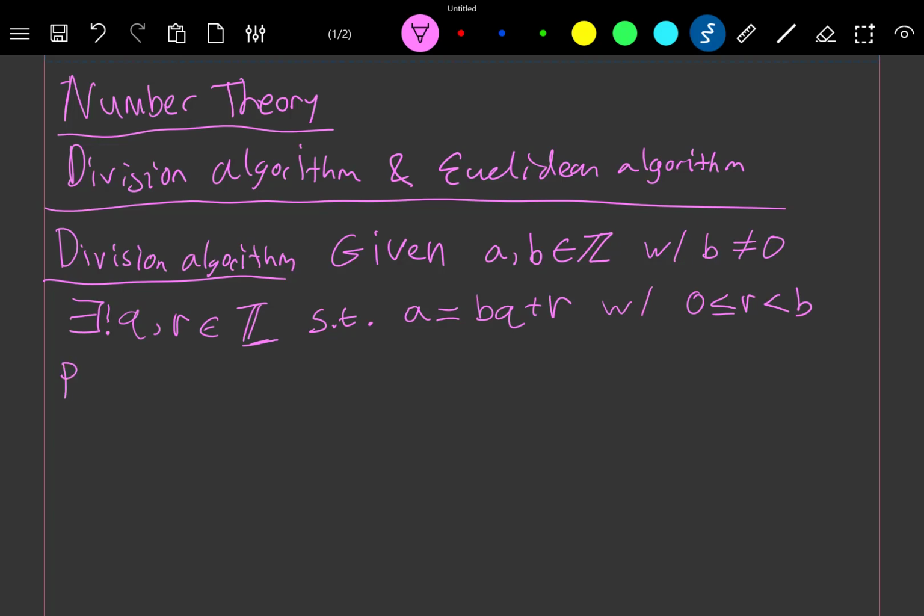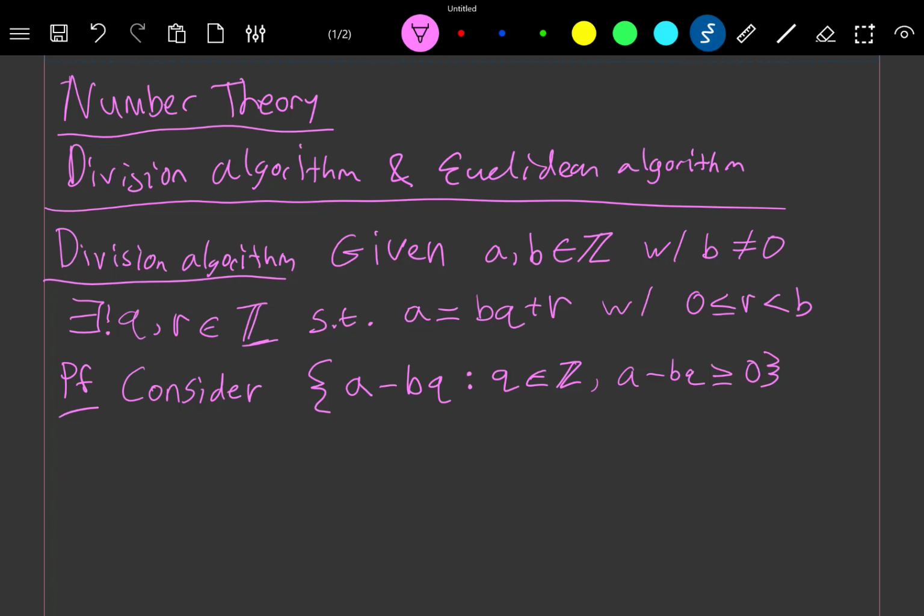So let's go ahead and prove this. There's two things. First, we have the existence of q and r, and then the uniqueness. So to do this, let us consider the set of a minus bq such that q is an integer, and a minus bq is greater than or equal to 0.